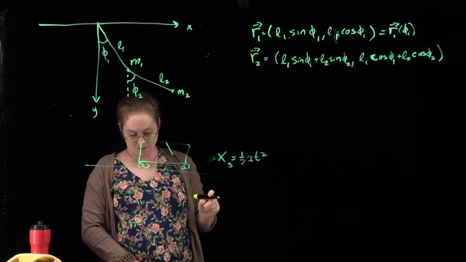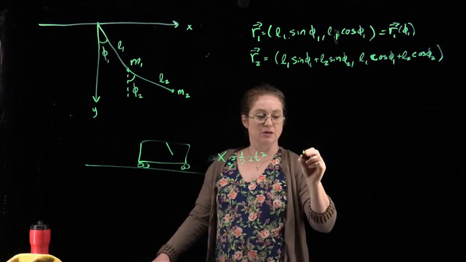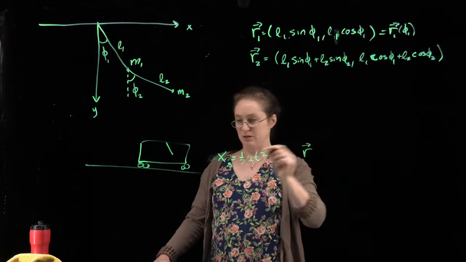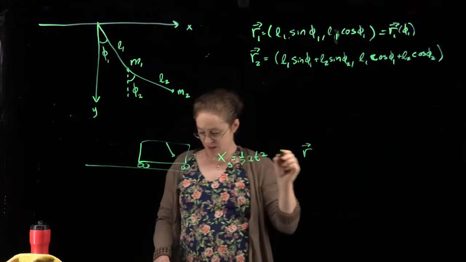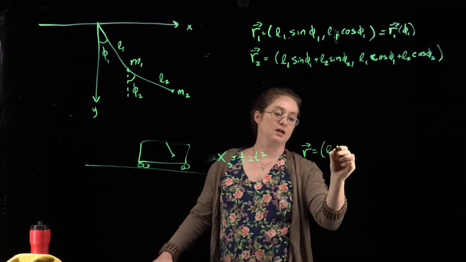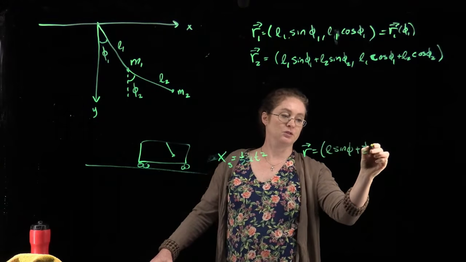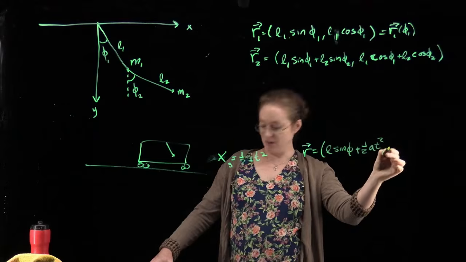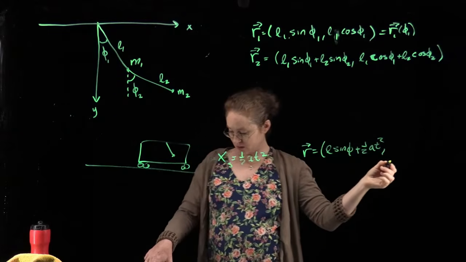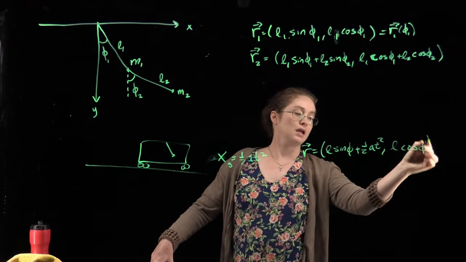And then if you want to describe the position of the bob of the pendulum as a function of time, it is L sine phi plus the x component, and then L cosine phi.